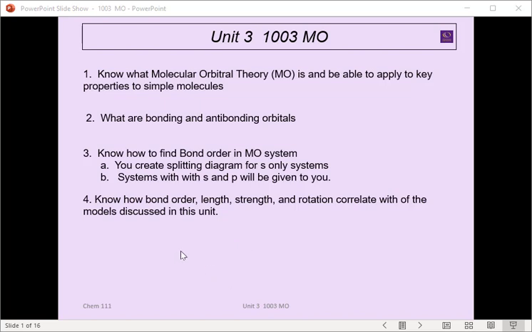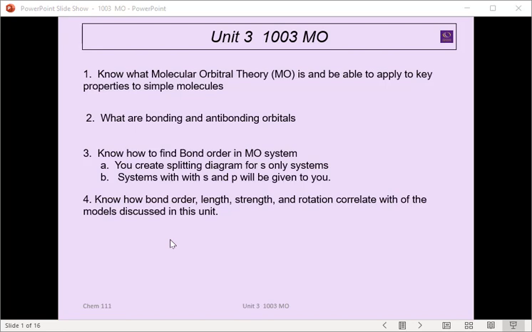Another thing it lends to is it helps you understand and more accurately predict bond order. And from bond order, you can then directly predict strength and length. Just as we talked about in class, a bond order of 1 is the same thing as our model of a single bond. A bond order of 2 is the same thing as our model of a double bond.